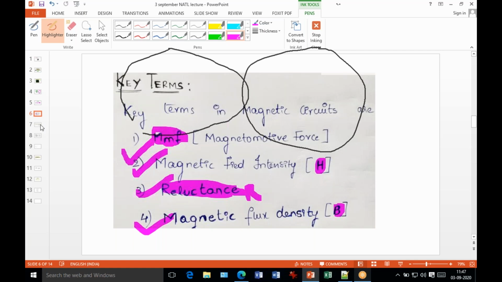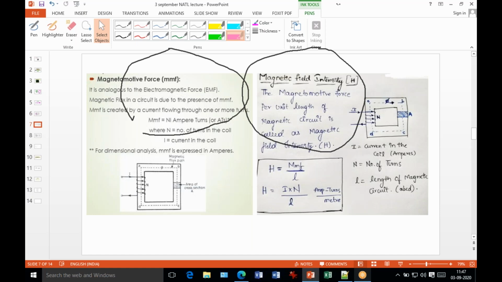So here we discuss what is magnetomotive force, what is MMF. In an electrical network, the energy supply role is played by a voltage source, but here the voltage source role is played by MMF. So what is MMF? Suppose this is a magnetic circuit.